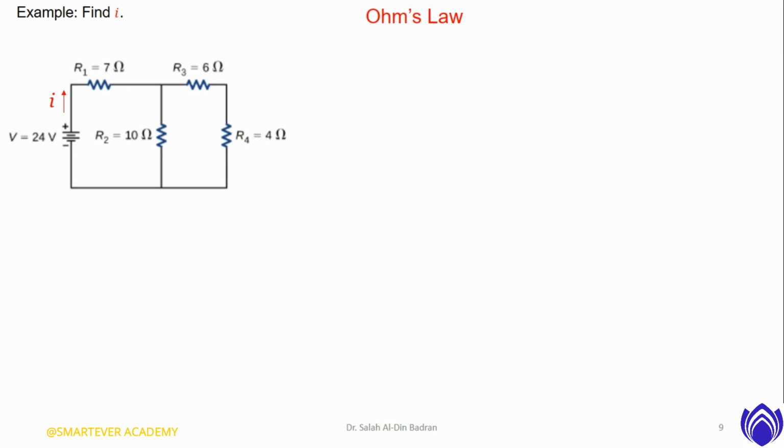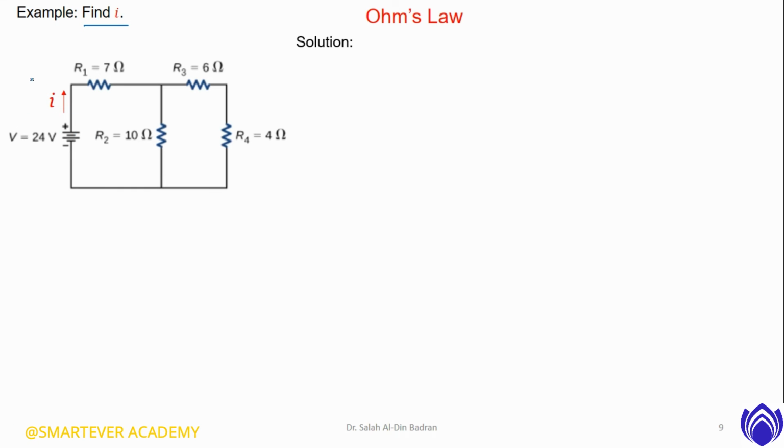We will solve this example using the information that we obtained in the previous slides. We have this electric circuit with a voltage source, 24 volts, and four resistors. In this example, we want to find the total current in the circuit.